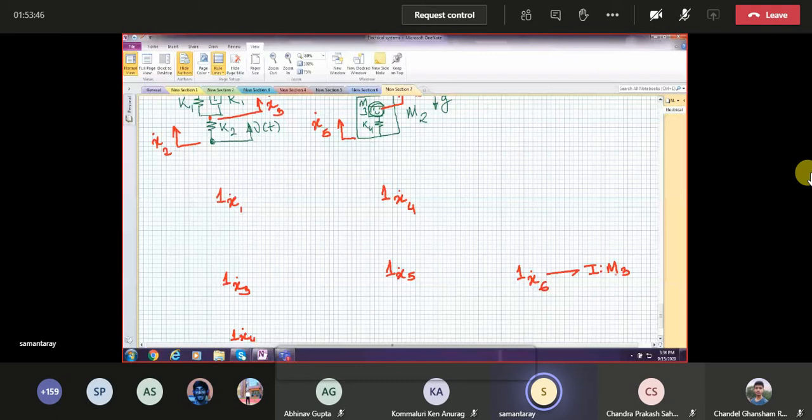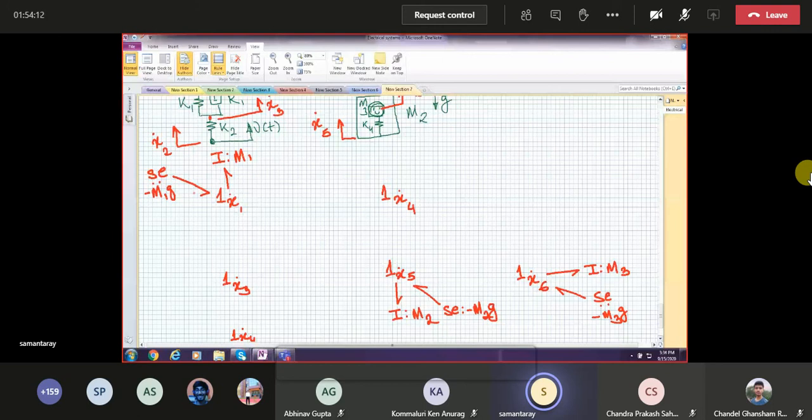X1 has mass, and gravity. So all those external forces are put at one junction. All inertias are connected to one junction.